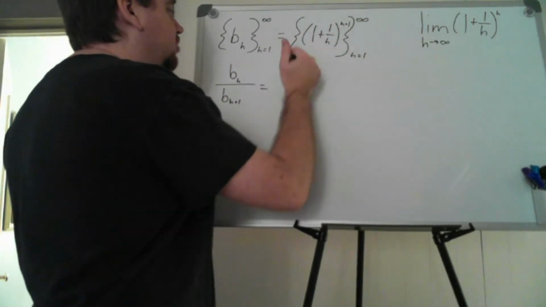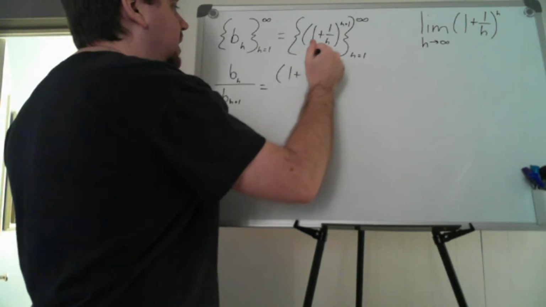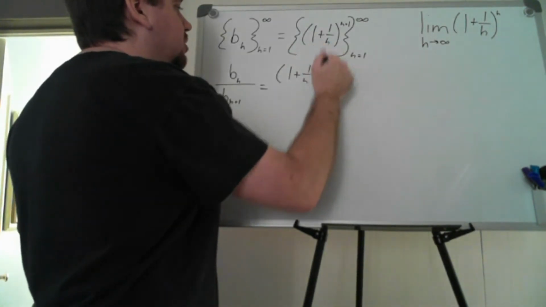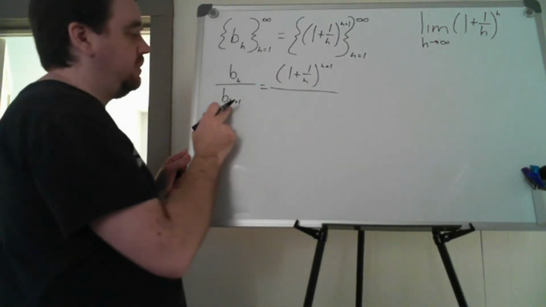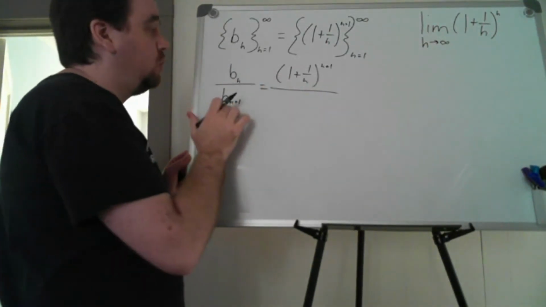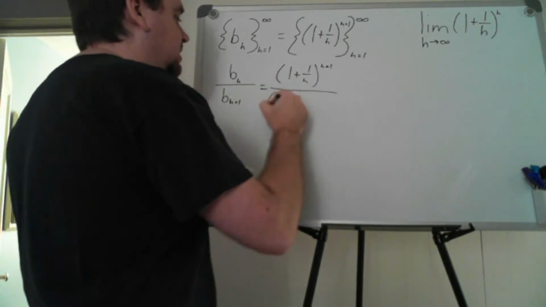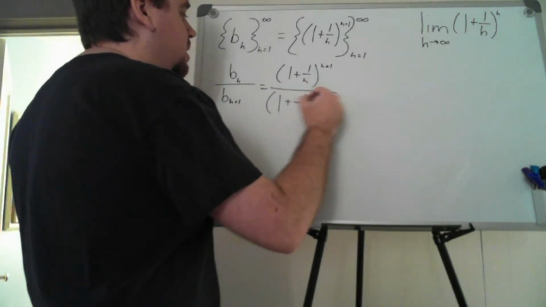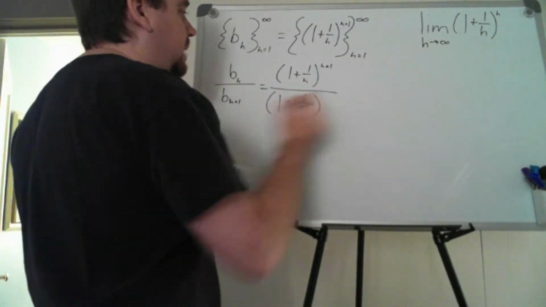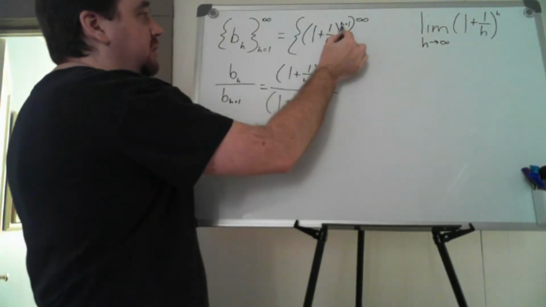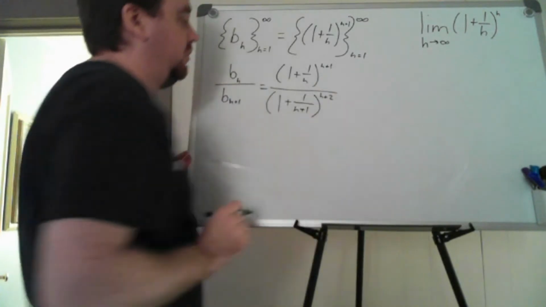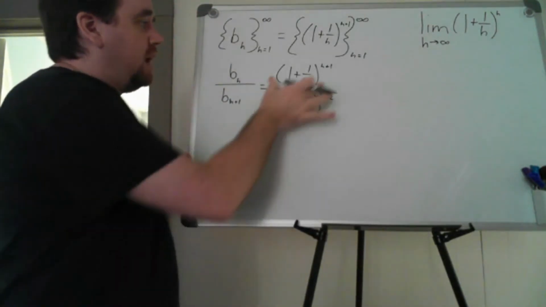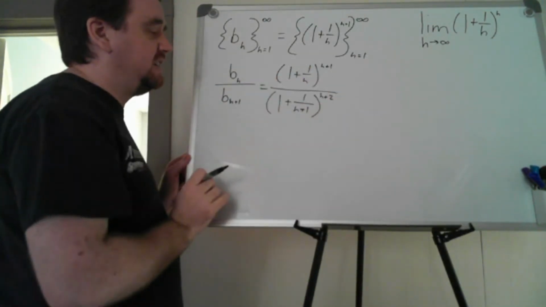Well, that is just 1 plus 1 over h to the power of h plus 1 all over b sub h plus 1. So I put in an h plus 1 for every h. So this is 1 plus 1 over h plus 1 to the power of, careful, it's h plus 1 plus 1. So that is h plus 2. I want these sums to be combined into single fractions.